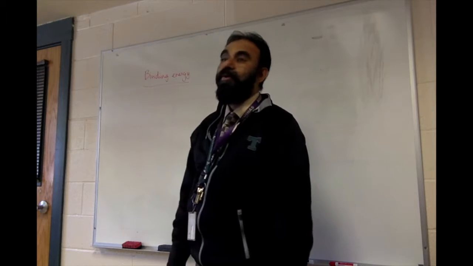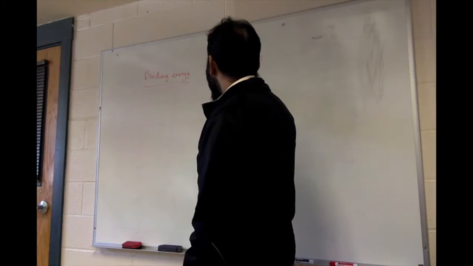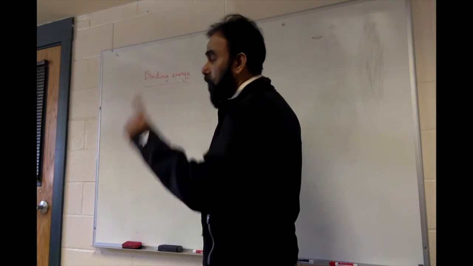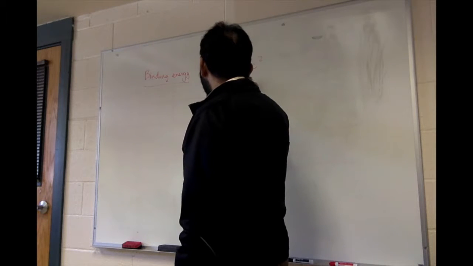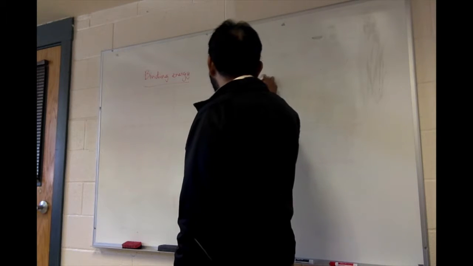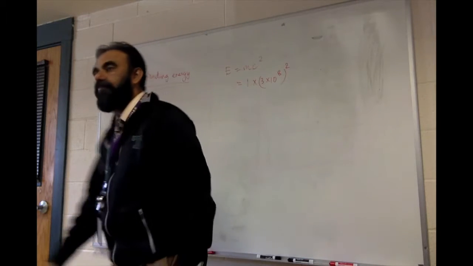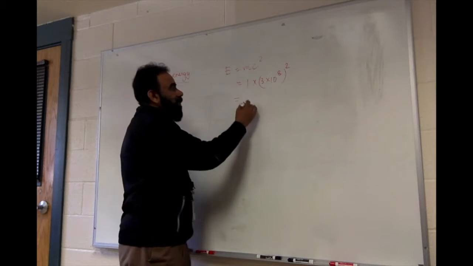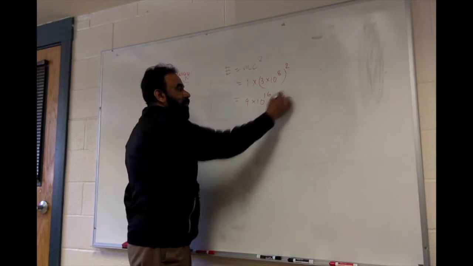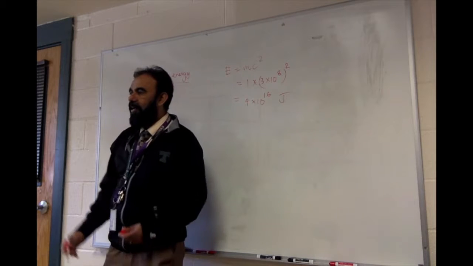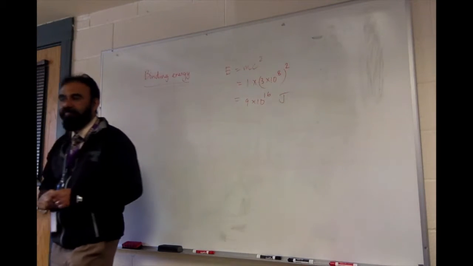Because that requires a lot of energy. It's like this. How much energy can come out from 1 kilogram? If you can burn 1 kilogram of wood completely, how much you can get out of it is 1 times 3 times 10 power 8 squared, which is 9 times 10 power 16 joules. 9 times 10 power 16 joules is a tremendous amount of energy.